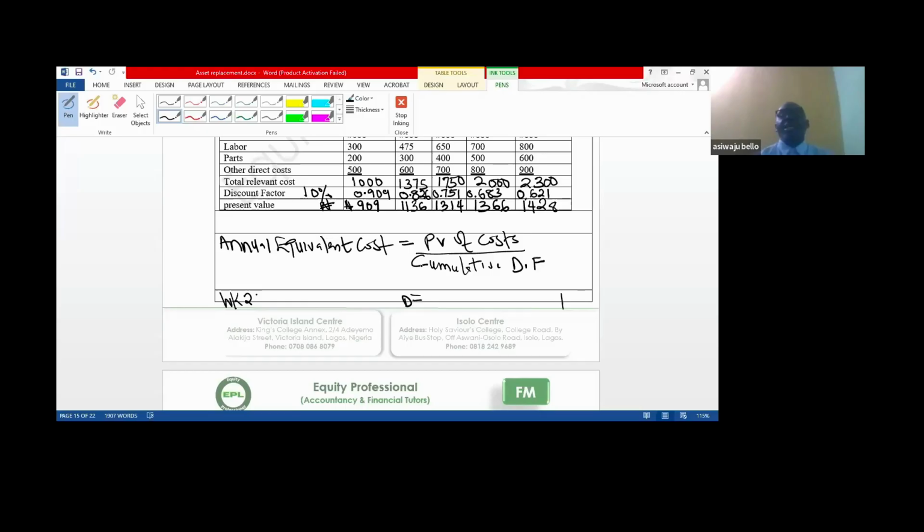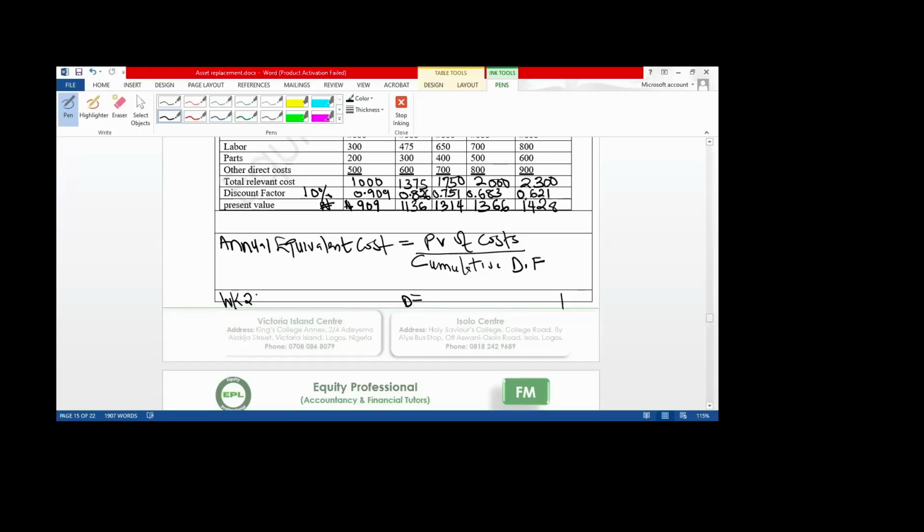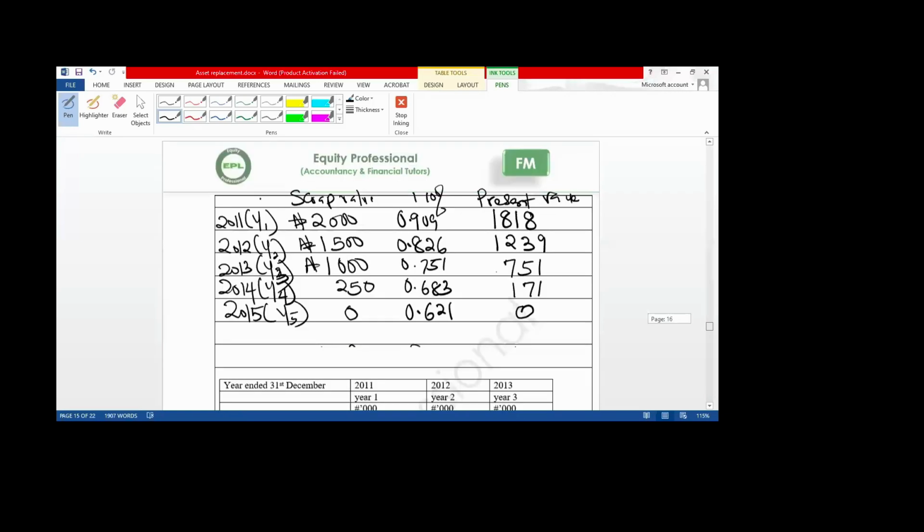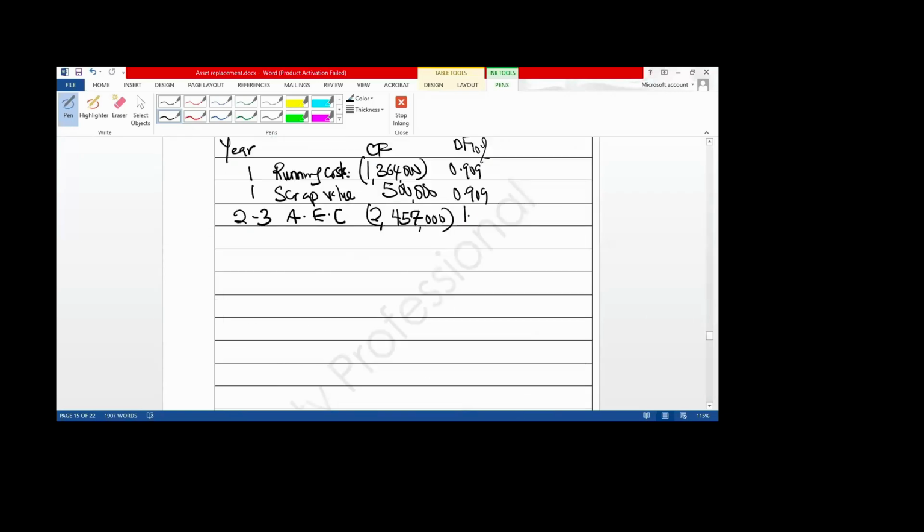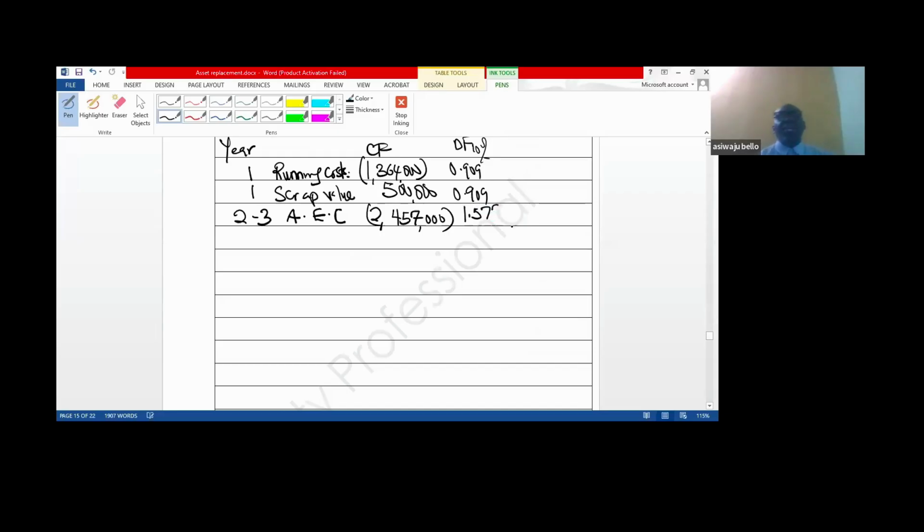That will give me 1.577. That is how you are going to treat non-identical replacement. Present value: multiply 2,457,000 by 1.577. This will give me 3,874,689.